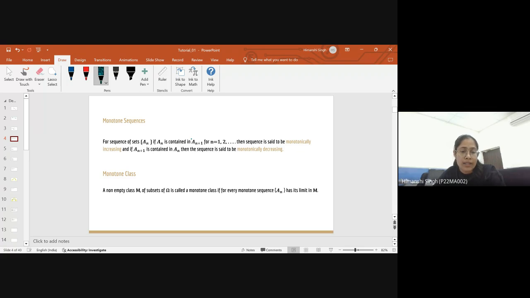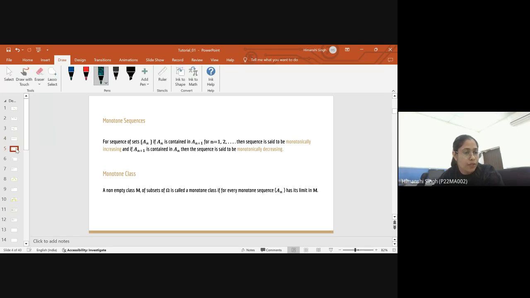Now, a monotone class was also defined: a class M of subsets of omega is said to be a monotone class if for any monotone sequence in M, the limit of that monotone sequence belongs to the class M. So this was about the sequences of sets.